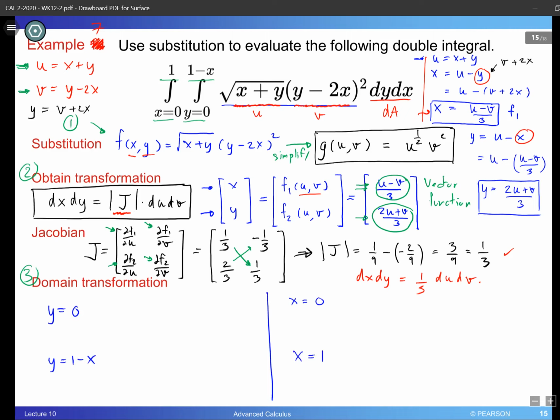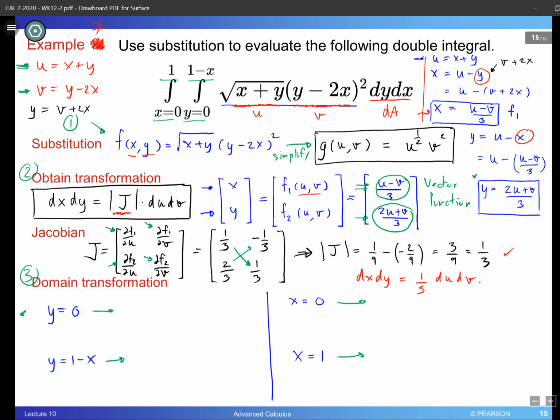And we cannot use them because right now we are working with u and v. So our job is to translate all of these into u and v variables. So let's take a look at the first one right here. y equal to 0. So we need to change this into u and v, right? So I'm going to make use of this: y equal to (2u plus v) over 3.